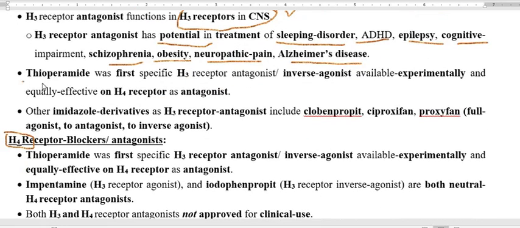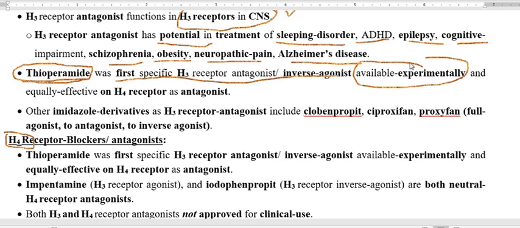The drug that we are using as an H3 receptor antagonist is thioperamide. Thioperamide is a first specific H3 receptor antagonist and also an inverse agonist, and only available experimentally, as we already discussed.